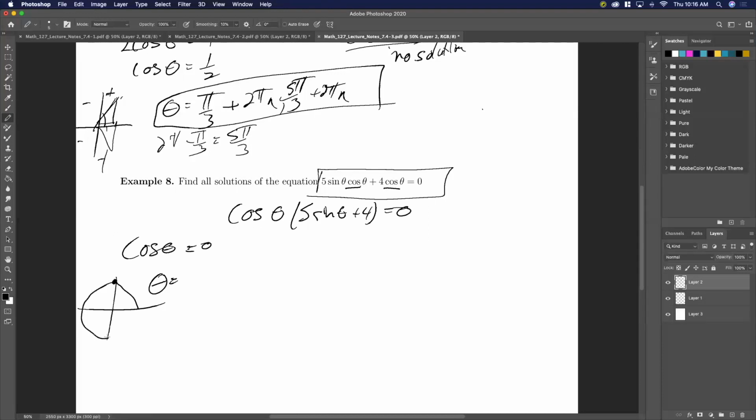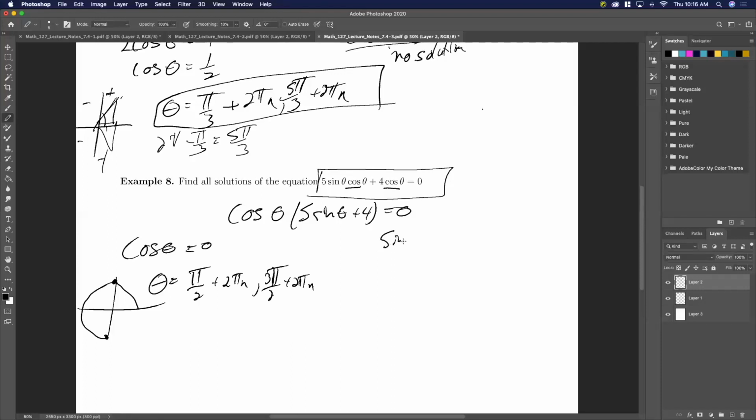Then it goes here, and then it's 0 again at 3 pi over 2. So my two solutions here are pi over 2 plus 2 pi n, and 3 pi over 2 plus 2 pi n. So this will be the cosine.